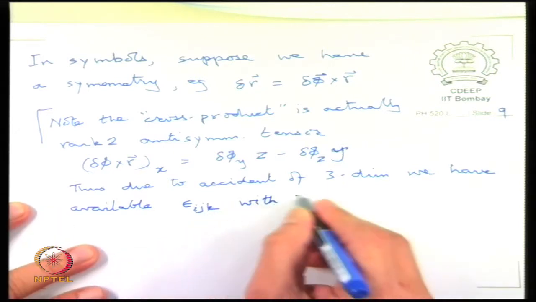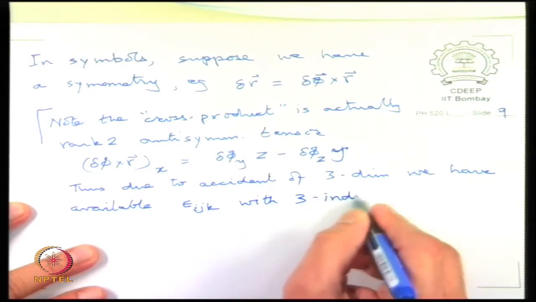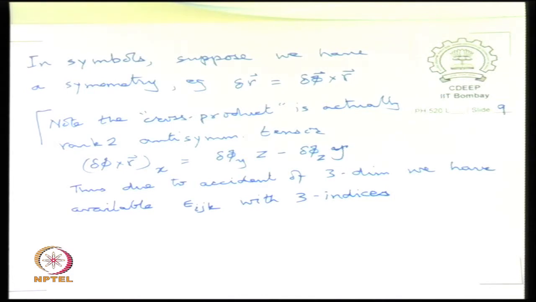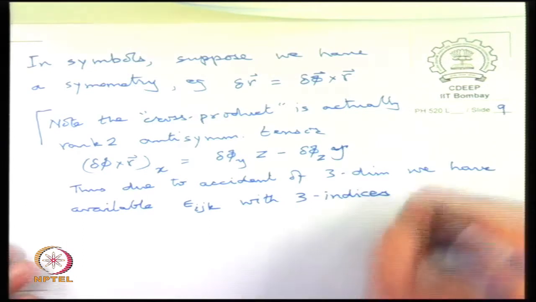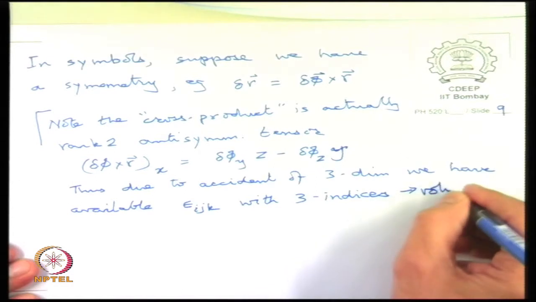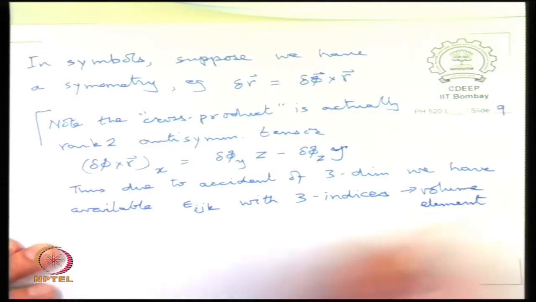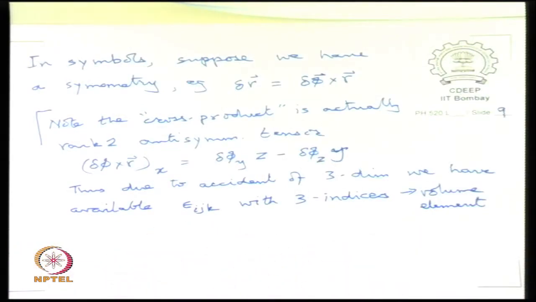In any number of dimensions you can write the corresponding epsilon tensor, but it will have that many indices. It is the completely antisymmetric tensor in that many dimensions. Its geometric interpretation is that it is the volume element. If you write epsilon ijk dxi, dxj, dxk, that amounts to writing the volume element of the 3-dimensional space.